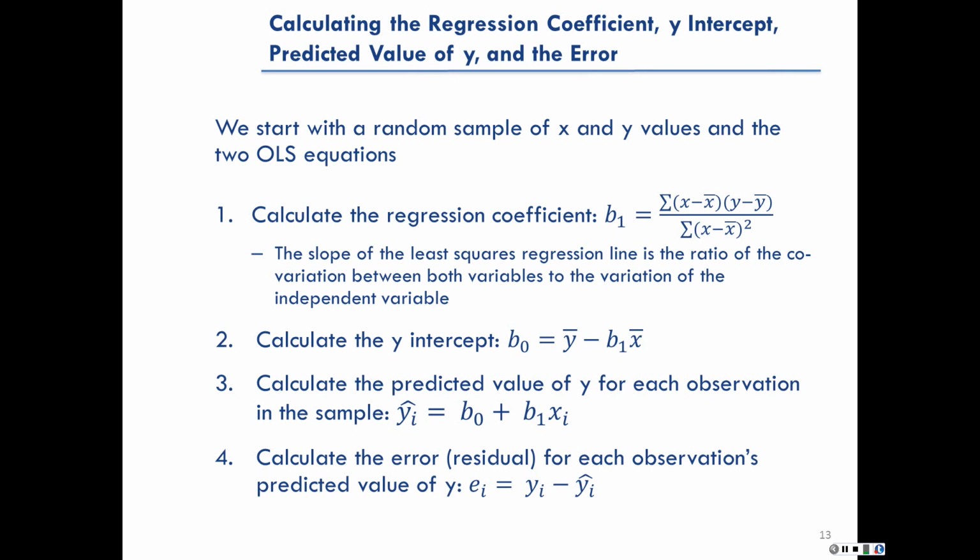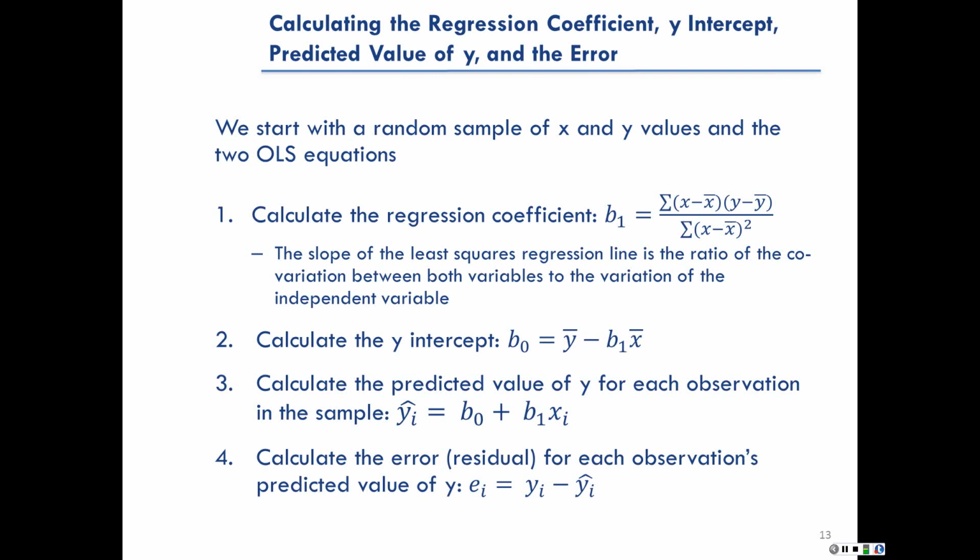You subtract the mean of y from each individual y value in your data. You multiply those two results together at the individual row level for each individual data point. And then you sum up that value over all the data points. And you divide that by, in the denominator, something that should look very familiar to you because we've done it earlier in the course, that's the sum of squares of x, right?